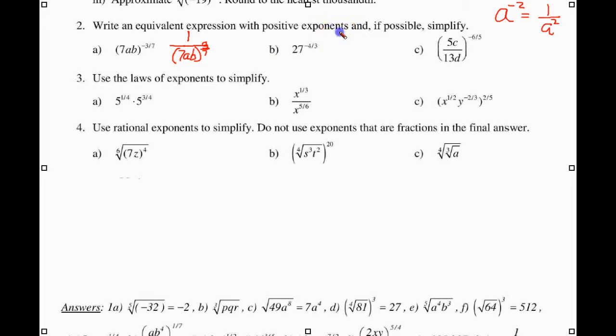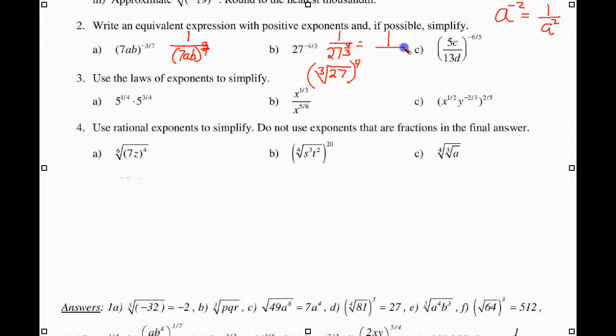Now this is going to be 1 over 27 to the 4/3, which in a sense is the third root of 27 raised to the 4th power.